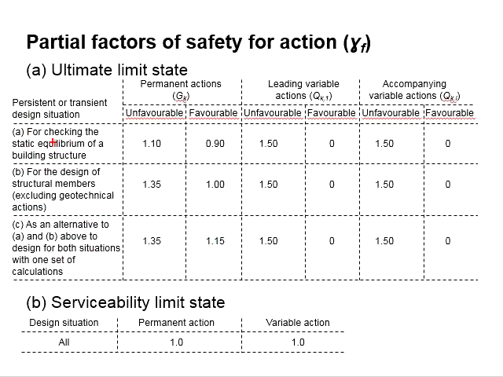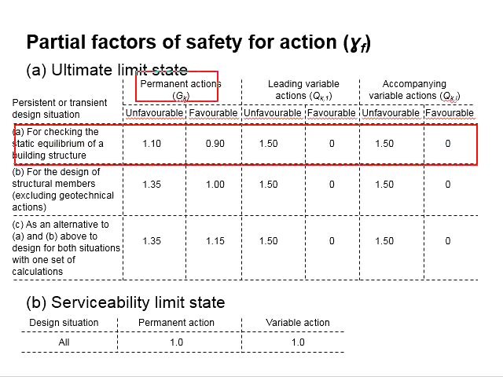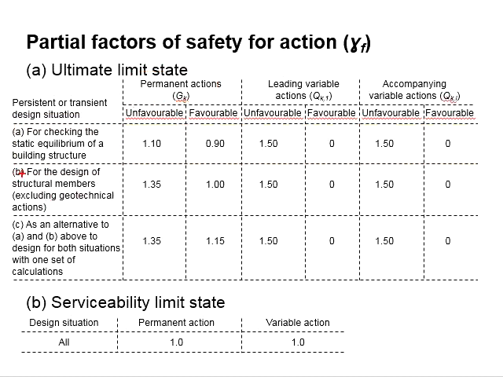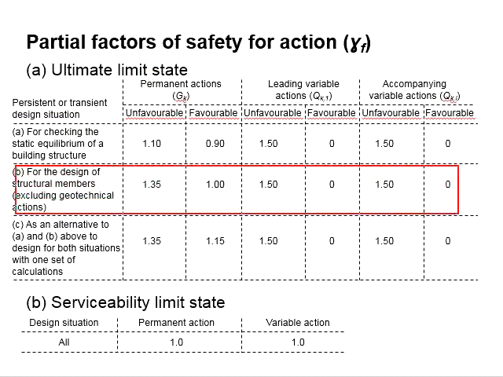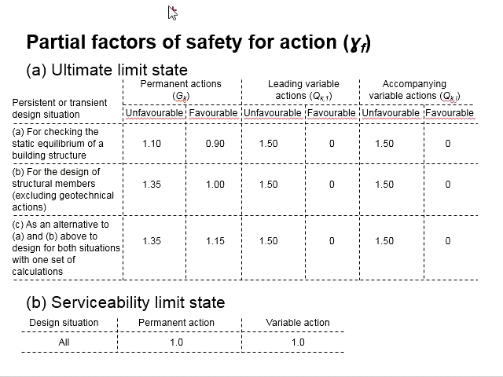In general, for the stability check, the factor of safety will be slightly smaller for the permanent actions. As for the structural design check, the factor of safety will be relatively large for the permanent actions. The permanent actions are normally easier to predict in comparison to the variable actions. They are basically computed from the weight of the material.